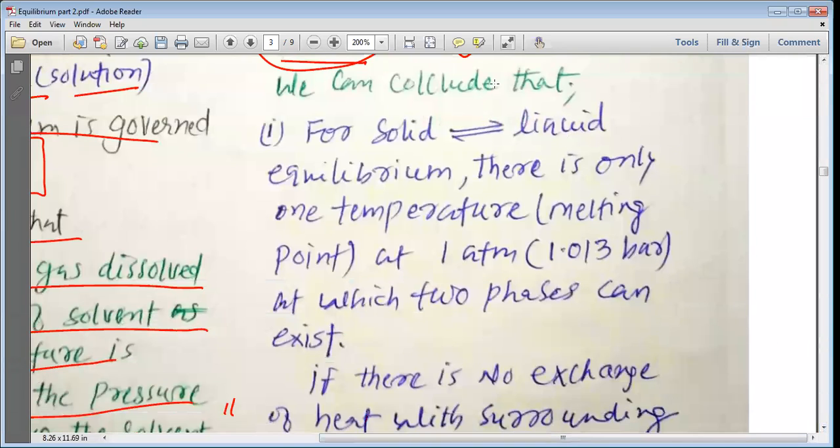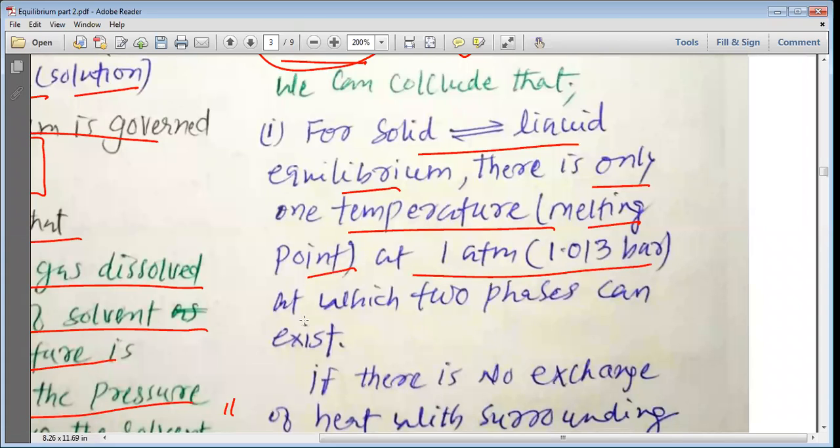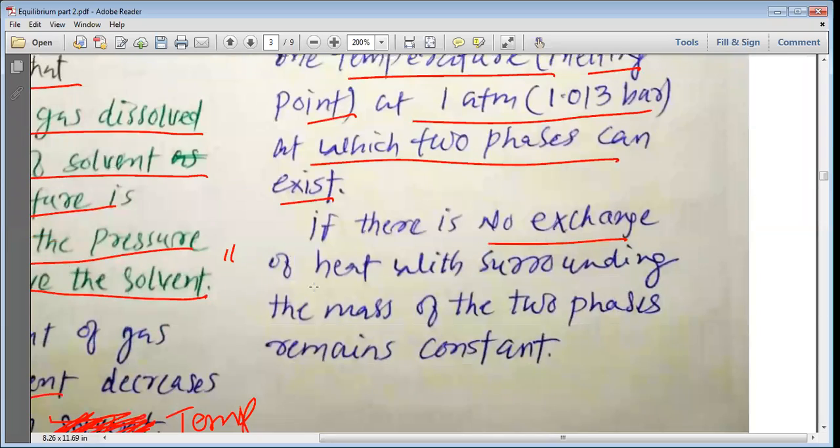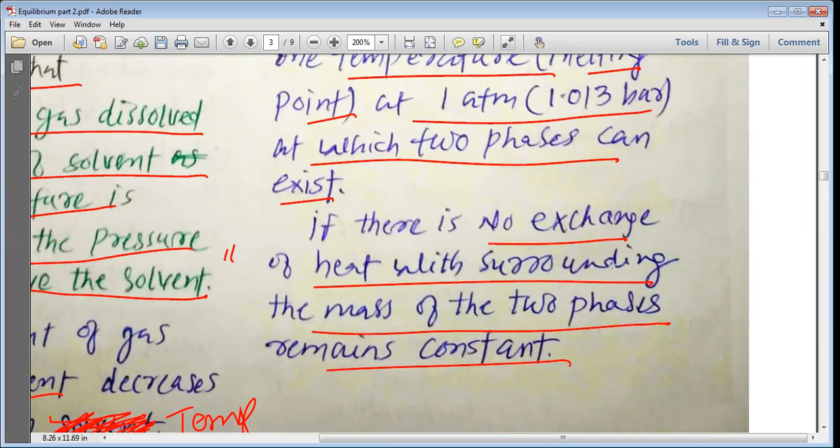We can conclude that for solid liquid equilibrium, there is only one temperature, that is called the melting point, at 1 atmospheric pressure, at which two phases can exist. If there is no exchange of heat with the surrounding, the mass of the two phases remains constant.